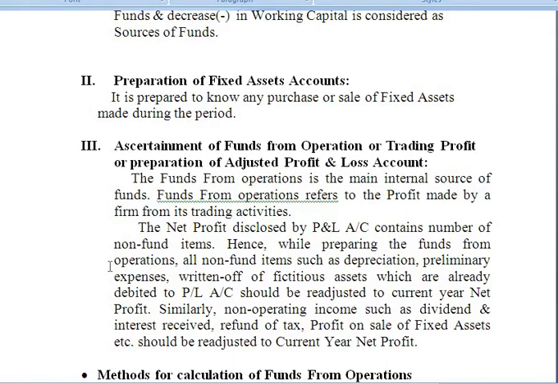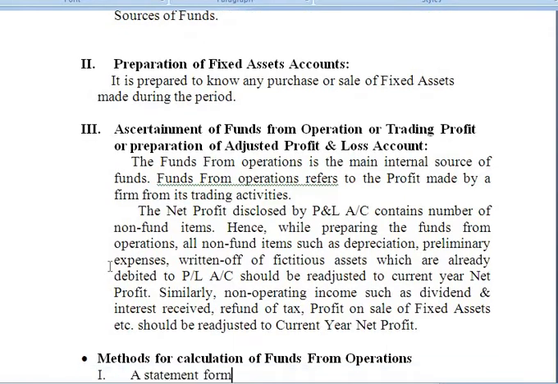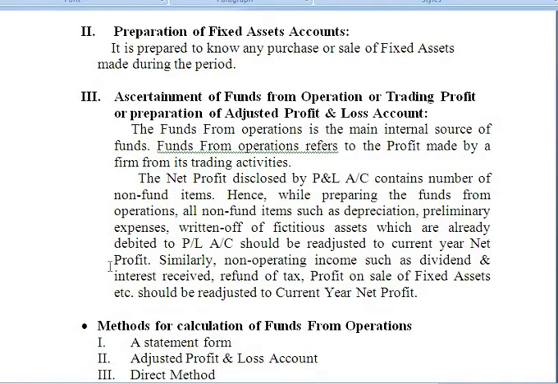Now what do you mean by this funds from operation? When we prepare the profit and loss account, it gives us whether the firm has earned net profit or loss, but whatever profit is shown by the net profit, we cannot consider it as operating profit or the profit earned by the firm from their operating activities.